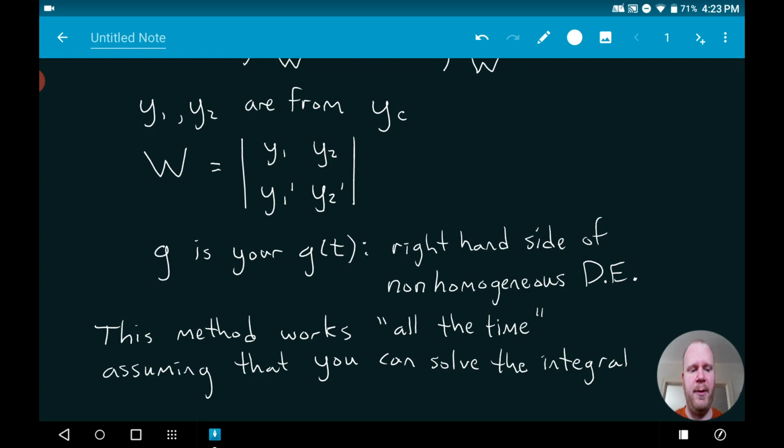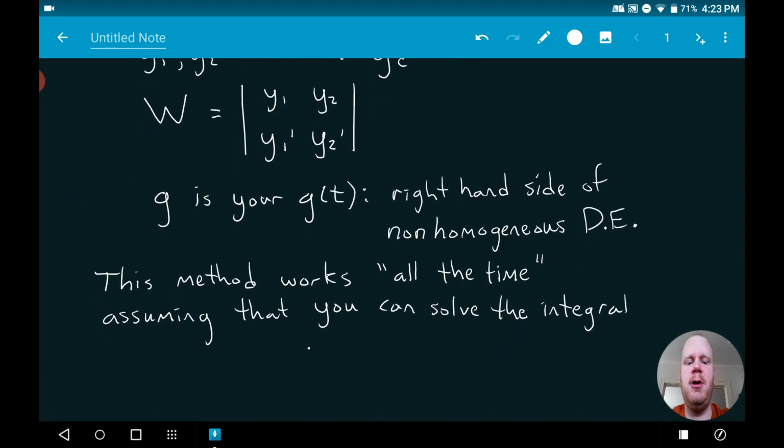So a really common question that I'll get when it comes to finding the particular solution is, do I need to use this method or can I use the other method that's my favorite? And I think the safest answer for that is you should know how to do both methods.